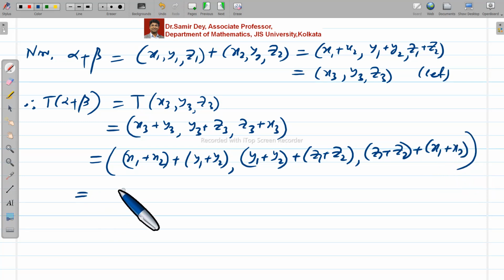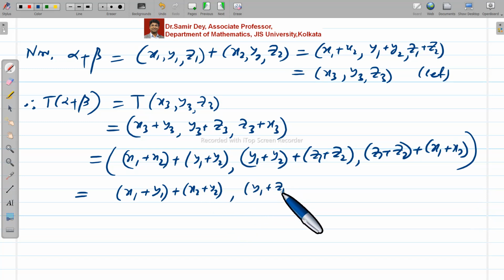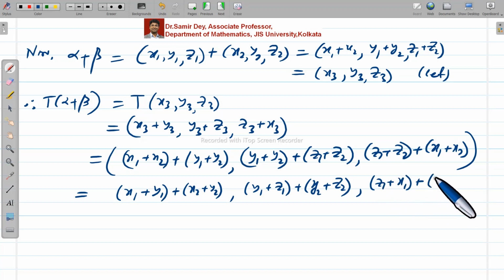Okay, so now component wise, first component wise, x1, y1, z1, you separate this. So from here we may write (x1 plus y1 plus x2 plus y2, y1 plus z1 plus y2 plus z2, z1 plus x1 plus z2 plus x2). Clear?